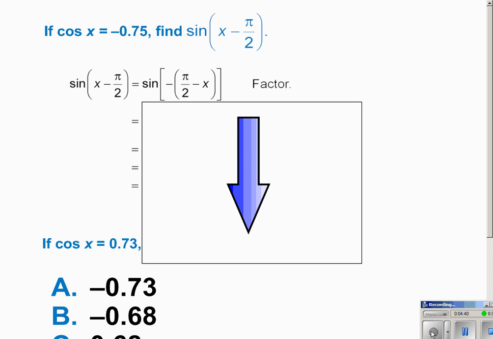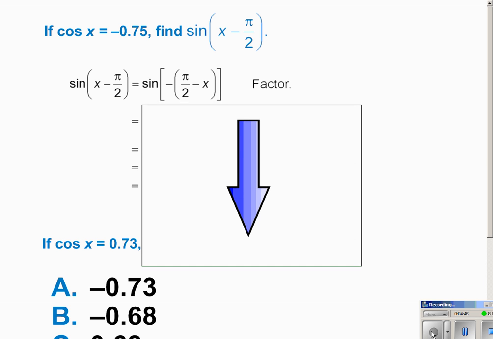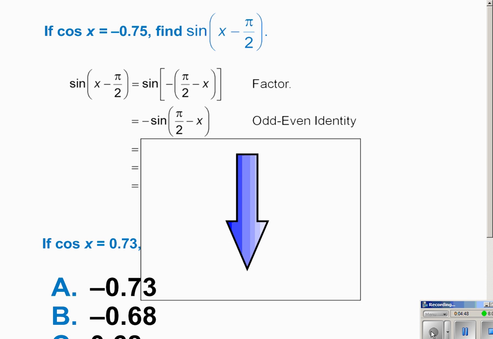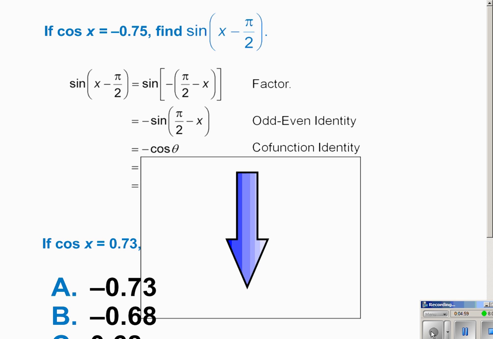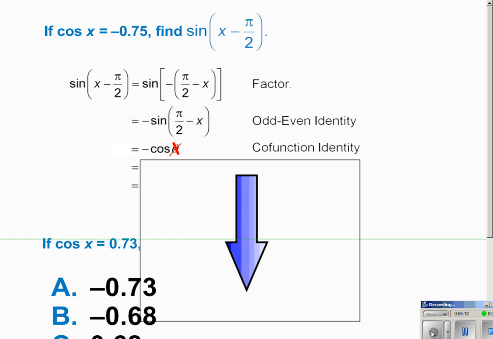Well, two things happening there. We have the sine of a negative. Because sine is an odd function, we know that is the negative sine, using the odd-even identities. And then using the cofunction identity, we see that the sine of pi over 2 minus x is the same as the cosine of x.